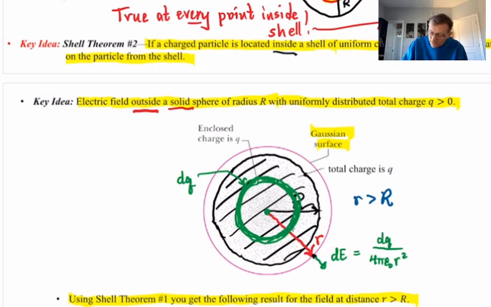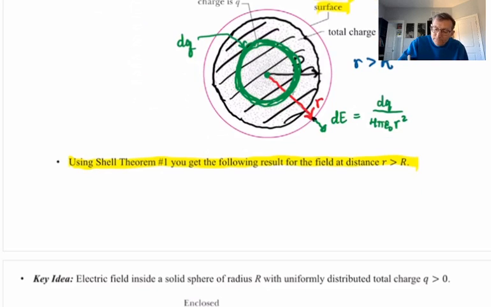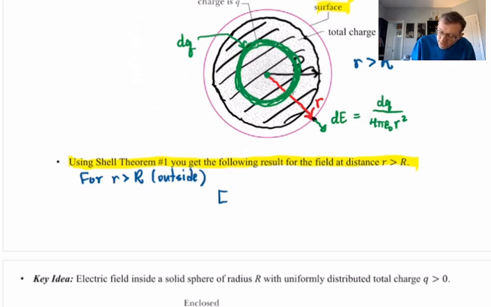Right? Just so the net result will be that the electric field, for little r greater than big R, that means we're at an outside point, right? The electric field magnitude is just the total charge of the whole solid sphere over 4 pi epsilon 0 little r squared.